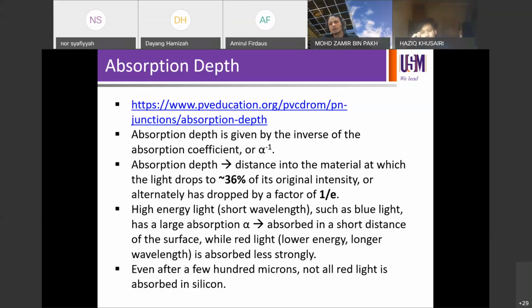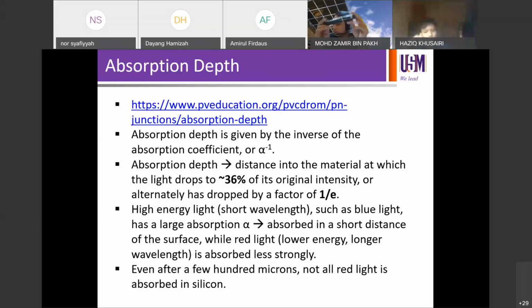That means high energy photons will be absorbed near the surface upon incidence. While red light, the long wavelength, will be absorbed less strongly. So the highest energy will be absorbed at the surface, the middle energy will be absorbed in the middle of the bulk, and the lowest energy will be absorbed at the back of your semiconductor material.